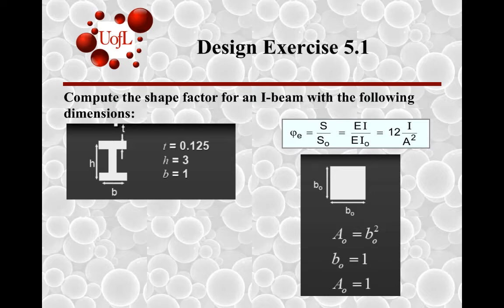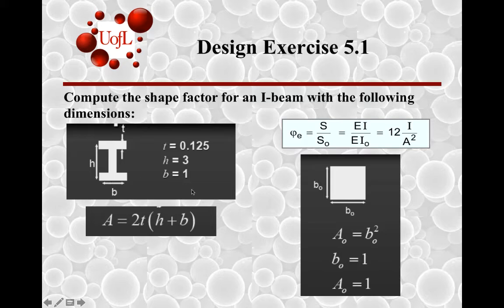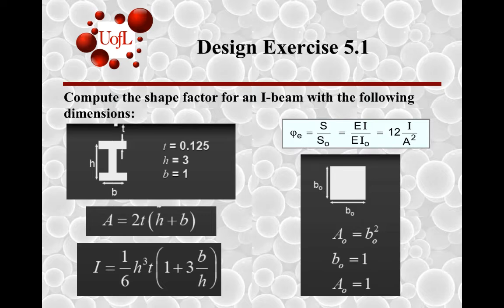And so if you were to keep the cross-sectional area the same, then you would expect that for this type of shape, this I section, which is given by 2 times T times H plus B, because the area is kept constant, what is A? Should be 1. But now, having known the denominator term over here, what is the numerator? I. It's given by this term over here.